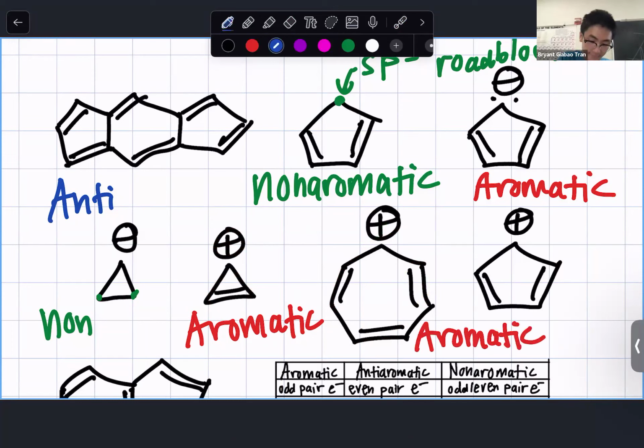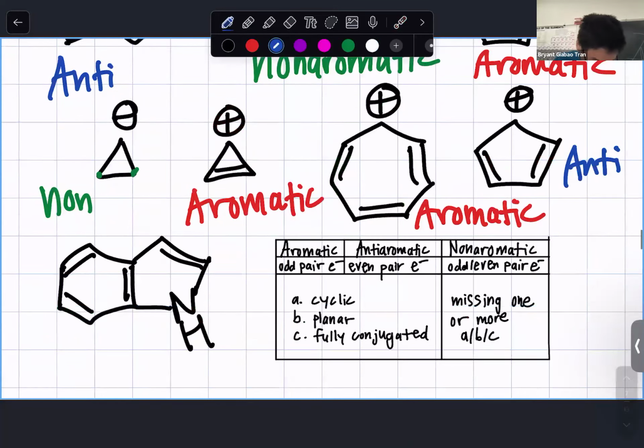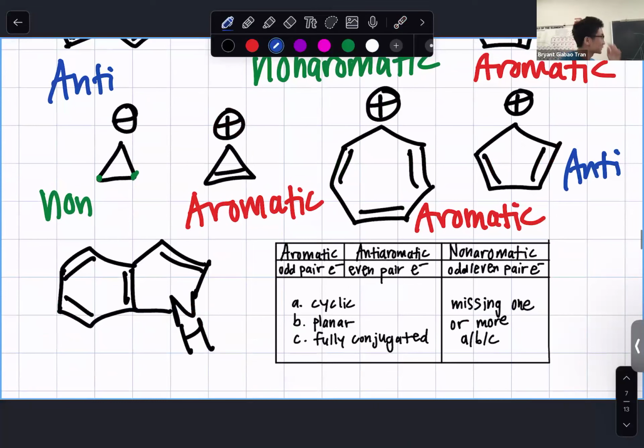Okay. Next one. Yep, anti. Nice. Okay, this one might be a little tricky, with the nitrogen in the ring as well. It is aromatic because this neutral nitrogen here with 3 bonds has one lone pair of electrons.